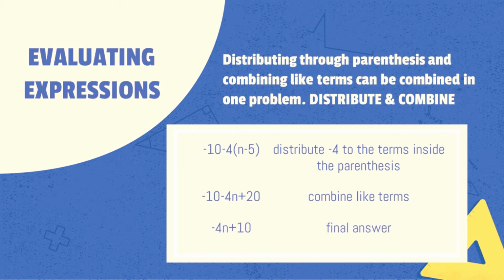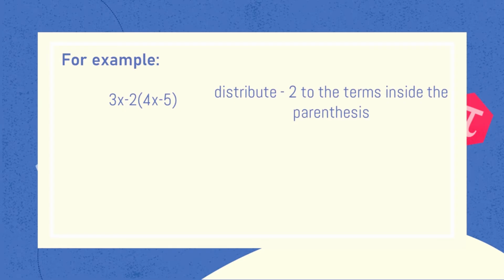So, next example, we have 3x minus 2, open parenthesis, 4x minus 5, close parenthesis. Distribute negative 2 to the terms inside the parentheses.